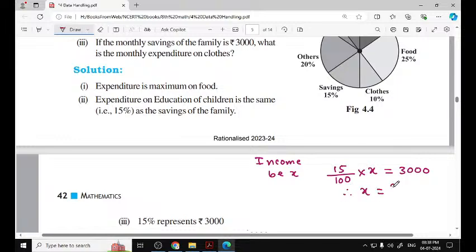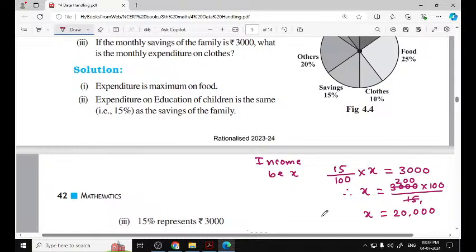So what is the total income? We can find the total income by transposing these two numbers. So income of family is rupees 20,000. Now expenditure on clothes is 10%.